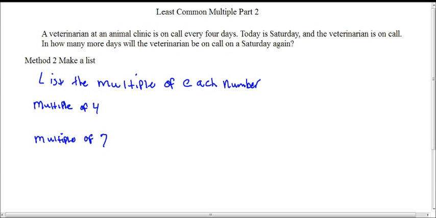Okay, so let's go. Well, 4 times 1, 4. 4 times 2, 8. 4 times 3, 12. 4 times 4, 16. 4 times 5, 20.